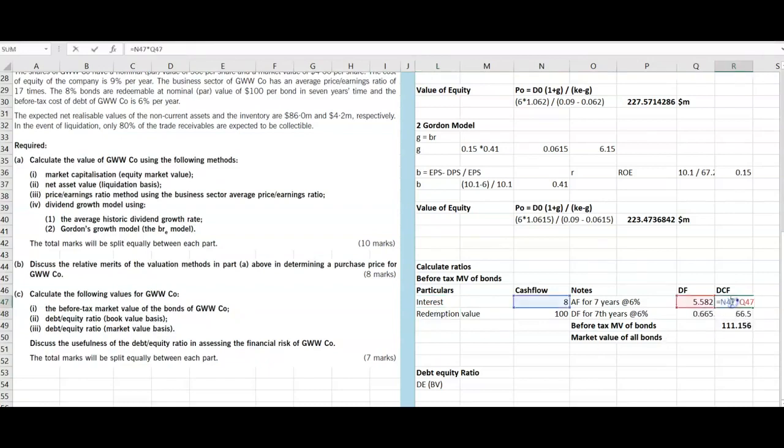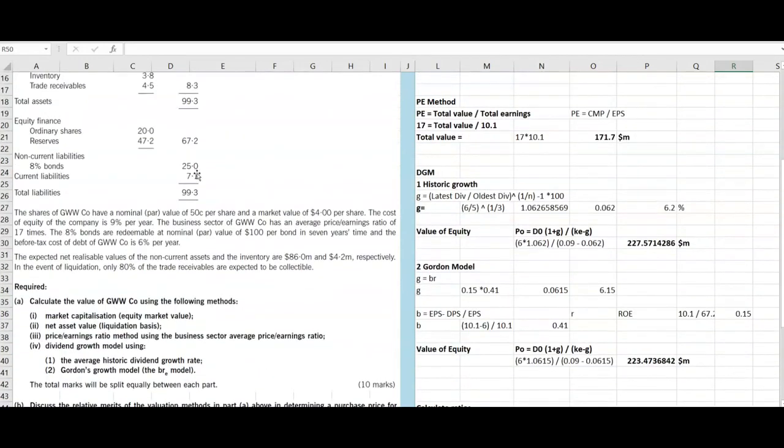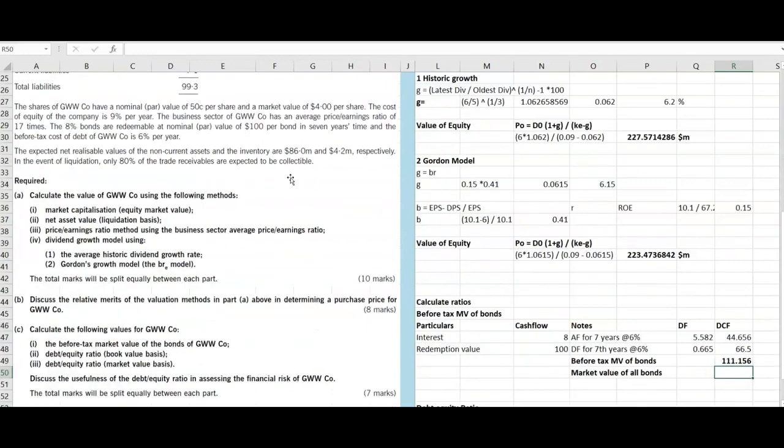So now we can pull it. So cash flow into discount factor, you'll get the number. Again, cash flow into discount factor, you'll get the number. Total both, you will get the before tax market value of the bond. So we don't want the value of one bond, we want the value of all the bonds. So try to find out what is the book value of all the bonds. It comes to 25 million.